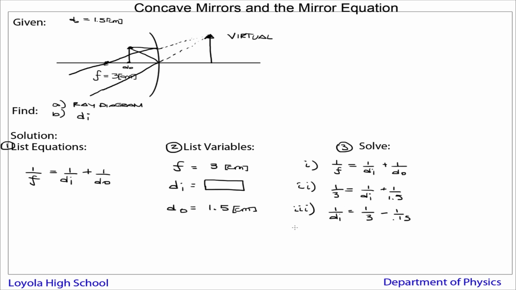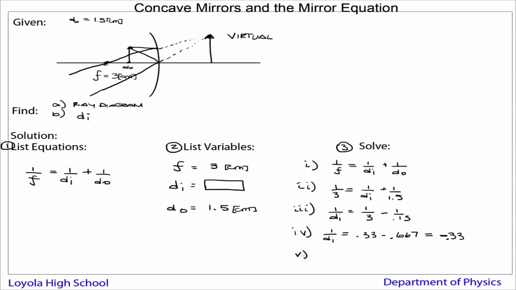And if I do the math there, 1 over di is equal to 0.33 minus 0.667, repeating like that, which is equal to negative 0.33, because there's a larger value and it's negative.